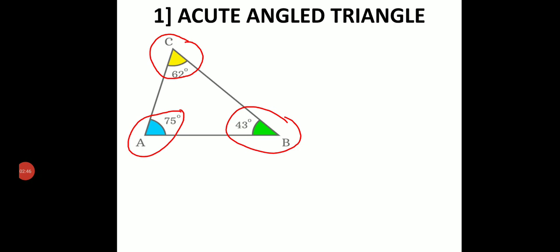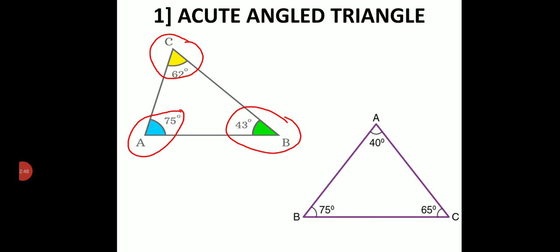Now, let's observe the second figure, that is triangle ABC. Here again in the second figure, you all will notice that the measure of angle A is 40 degree, that is less than 90 degree. The measure of angle B is 75 degree, which is less than 90 degree.